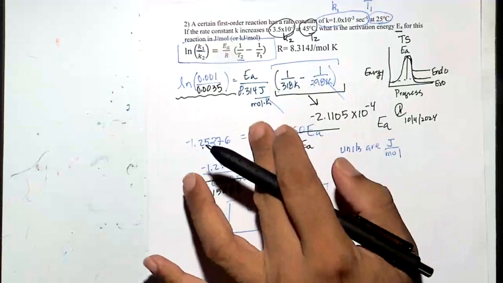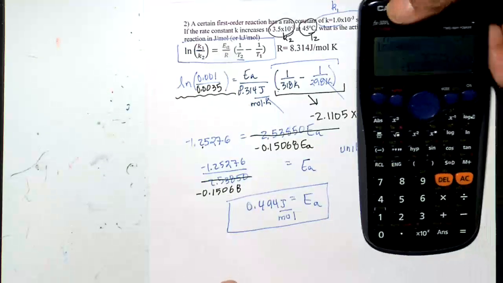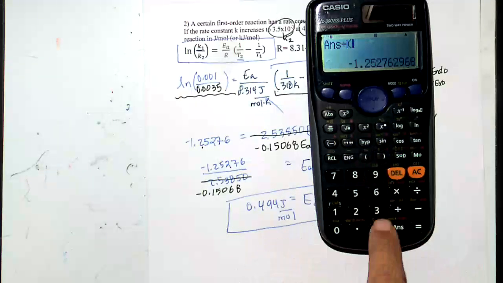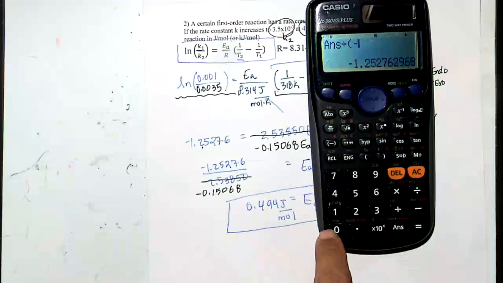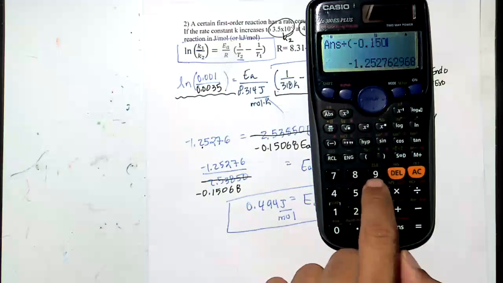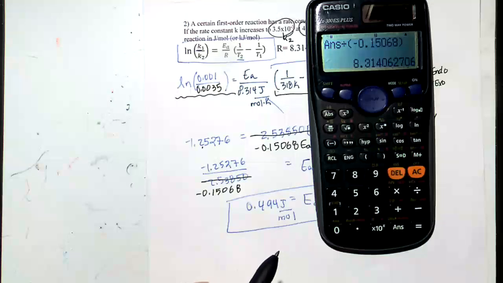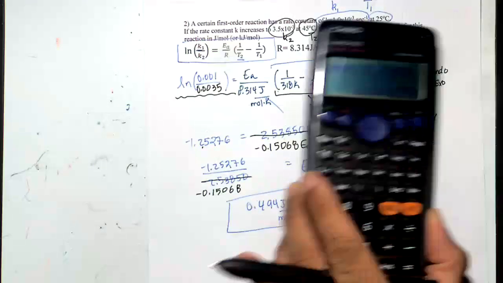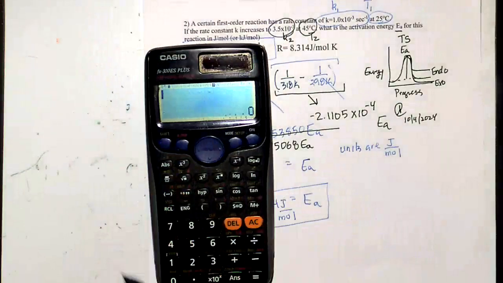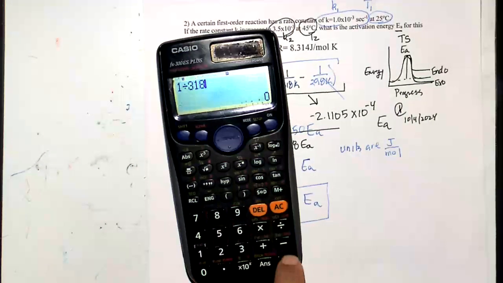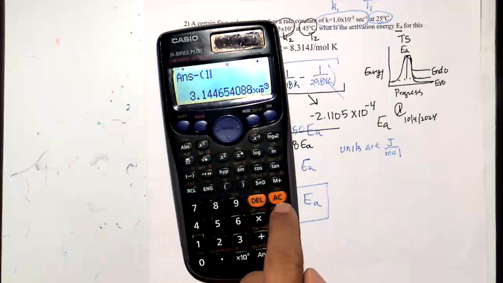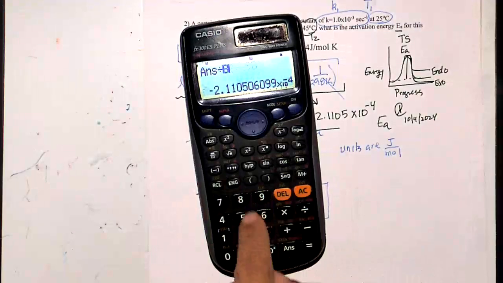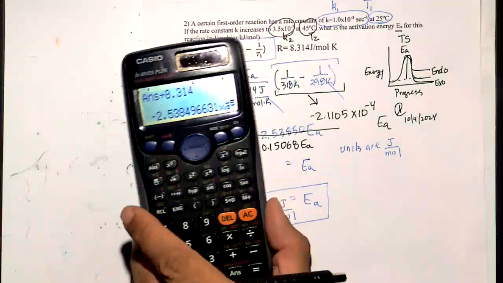So you take that fraction and then divide it by 8.314. And then let's see what we get now. 1 divided by 318 minus 1 divided by 298 equals this, and we'll divide it by 8.314, and we'll get that.